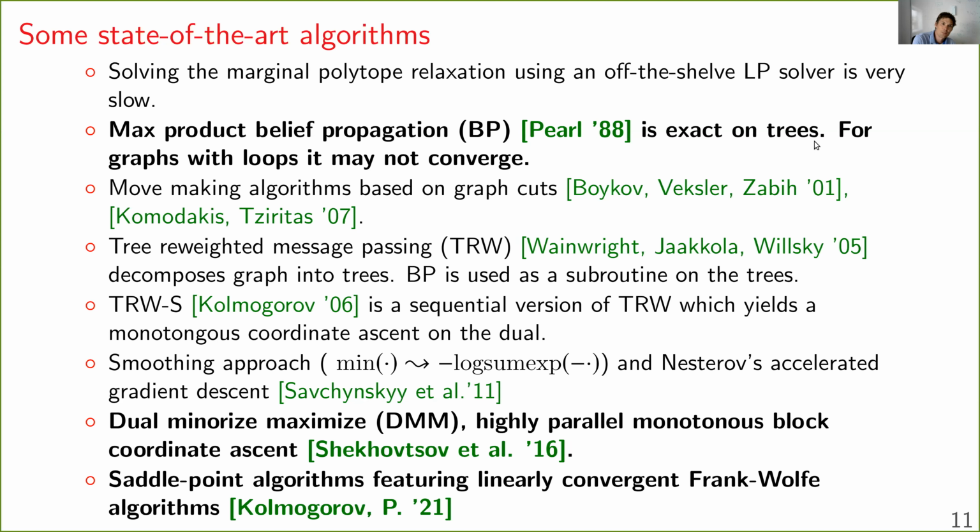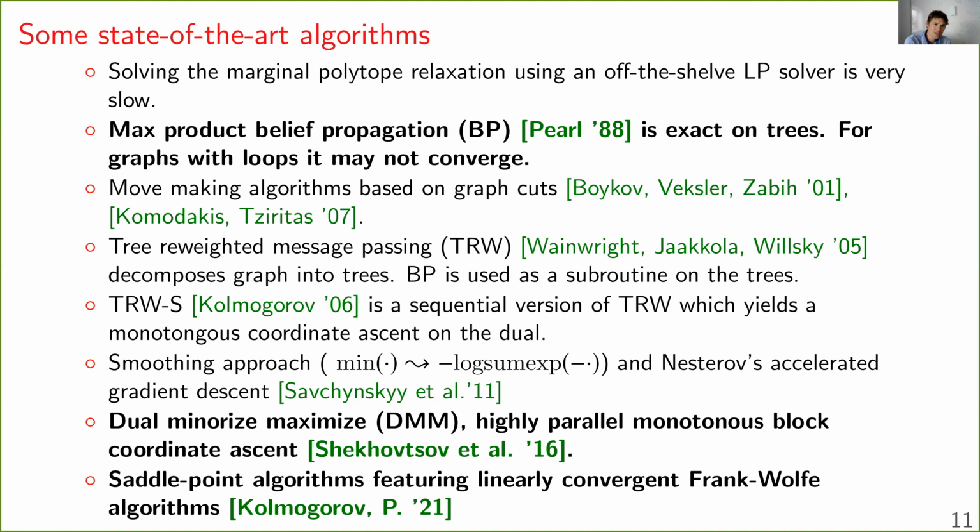It is max-product belief propagation, dating back to Pearl in 1988. And this is basically just a variant of Dijkstra's shortest path. However, for graphs with loops, and I will comment on that later, it still can be used. It's a heuristic, but it may not converge, and you can easily construct examples where it actually diverges.